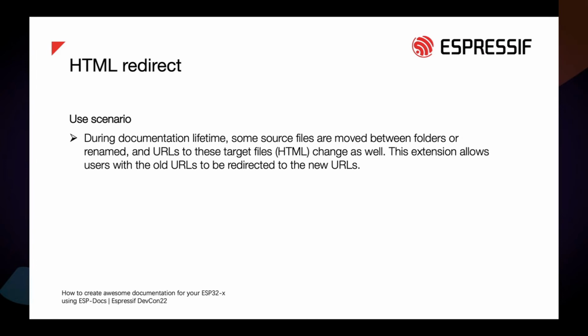The next extension is HTML redirect. So during documentation lifetime, some source files are moved between folders or renamed, and URLs to these target files change as well. This extension allows users with the old URLs to be redirected to the new URLs.